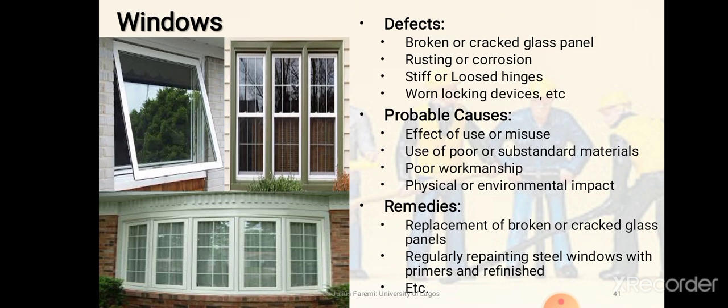However, windows can become defective due to the effect of use and misuse by the building occupants or building users. Also, windows can become defective as a result of poor or substandard materials being used to construct the windows.